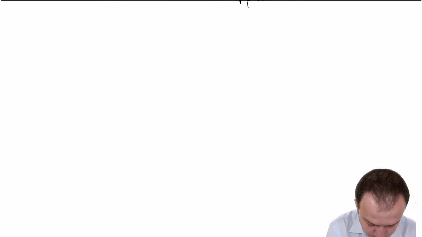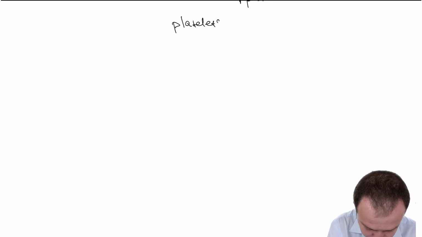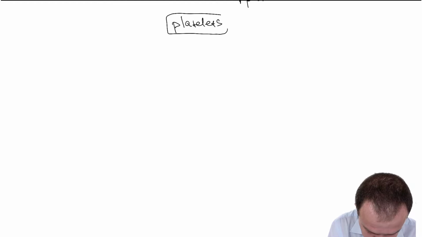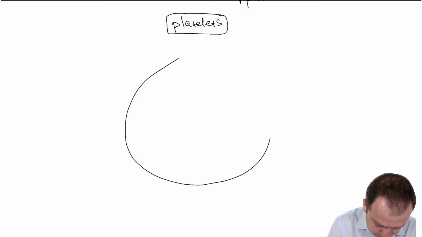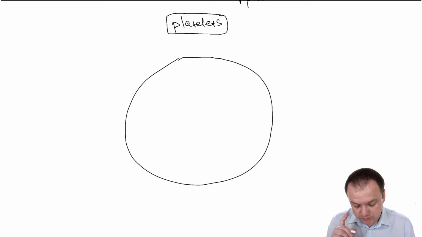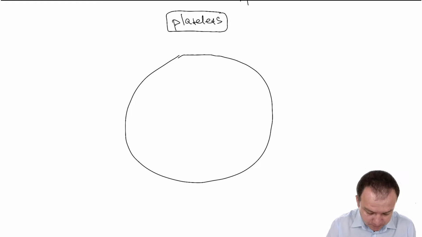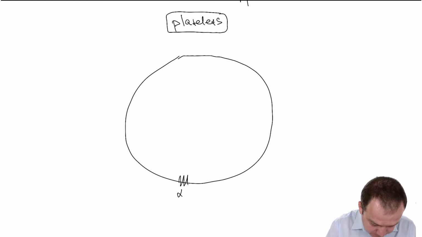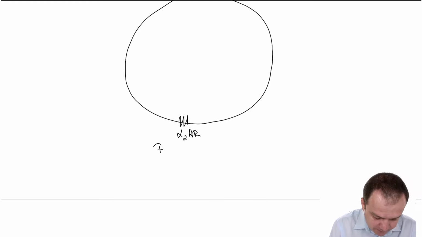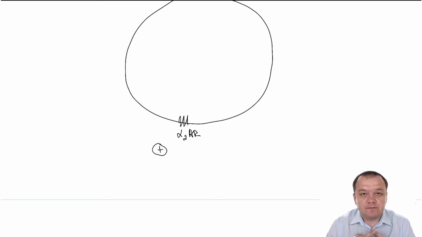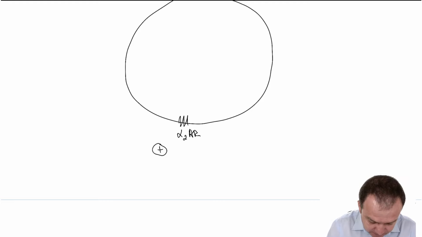Next, let's say a few words about platelets. On the platelet surface, as we're talking about autonomic nervous system, we should mention alpha-2 adrenergic receptors, and stimulation of alpha-2 adrenergic receptors by epinephrine, by norepinephrine that are present in the blood plasma, causes platelet aggregation.